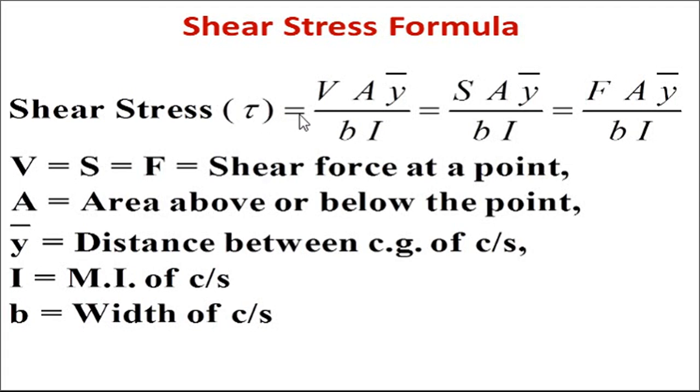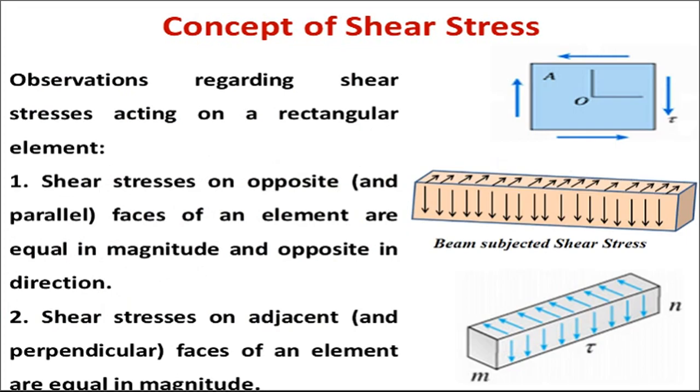It is calculated using the formula V A Y bar upon B I, or in some books this formula is S A Y bar upon B I. In some books it is F A Y bar upon B I. Means to represent the shear force at a point, V, S or F letter is used, where A is the area above or below the point, Y bar is the distance from the CG of the cross section, I is the moment of inertia of the cross section, B is the width of the cross section.